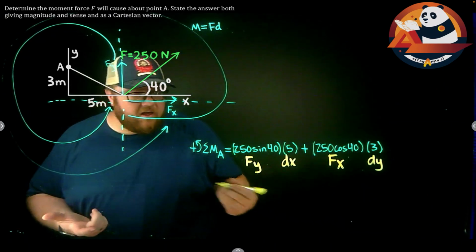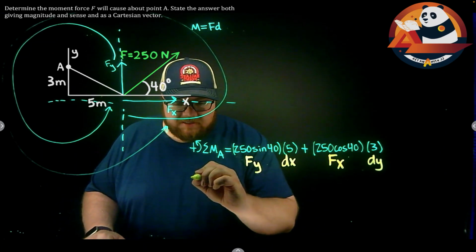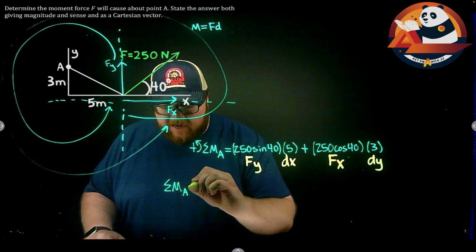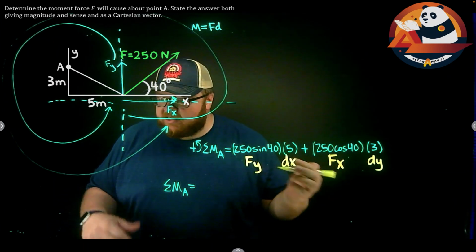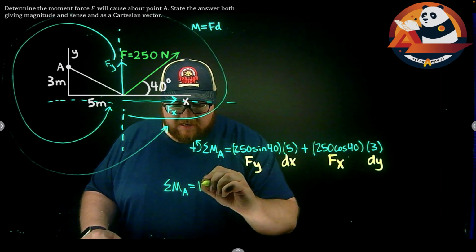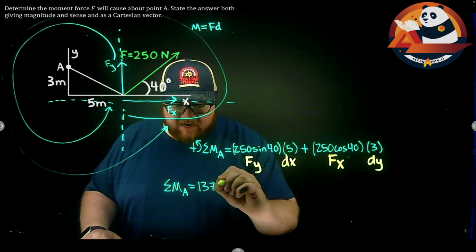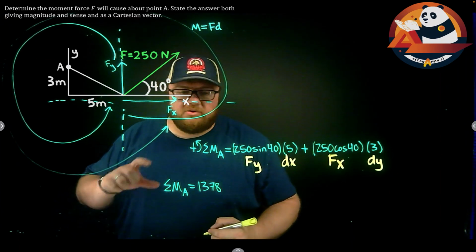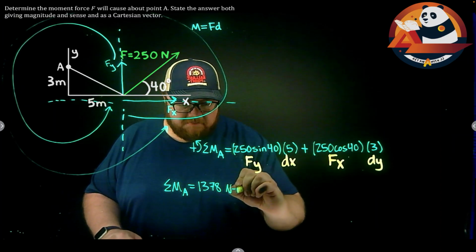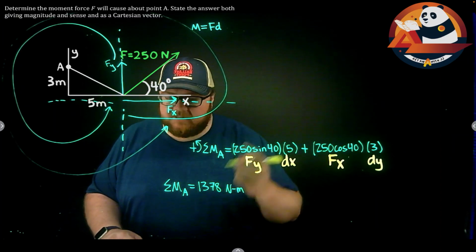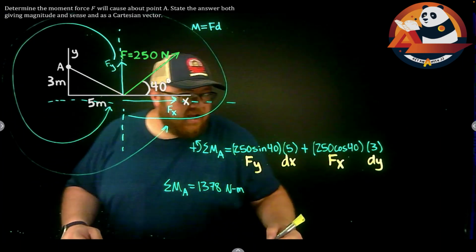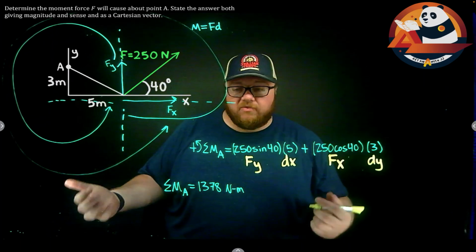But adding that all up, I'm going to get to my total sum of my moments about point A. If I'm using magnitude and sense, this works out to give me, it adds up to 1,378. My units will be force times distance, Newton meters, and for whatever reason, people use a dash when they write moment out. Newton-meters. And then we always stick back in, what's the correct direction?